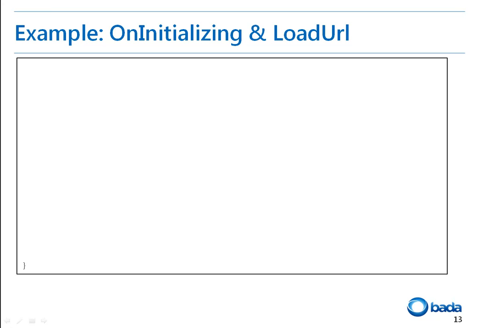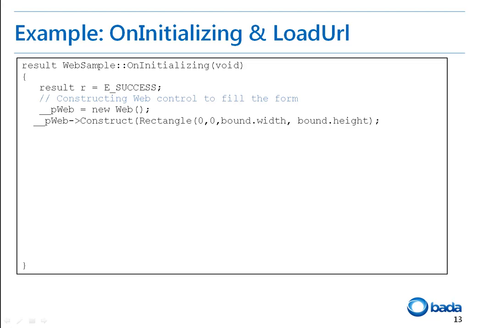Here's our implementation of the OnInitializing function. First, let's create and initialize the web control object. Then, add the control to the form. As discussed, I've created my own LoadURL function, which I'm calling to load the URL.